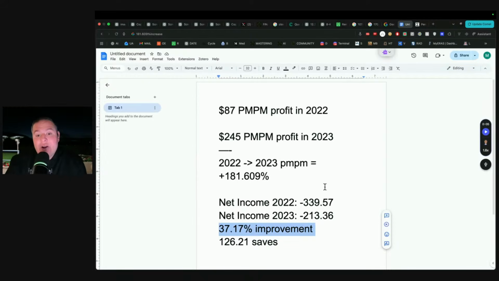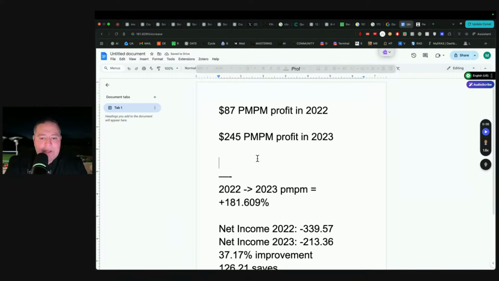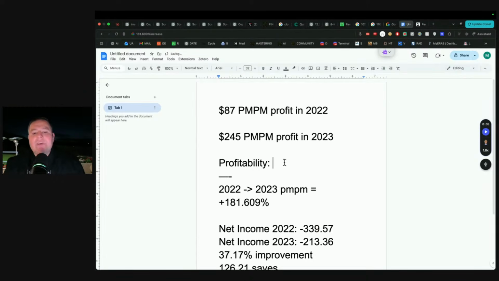So in 1 year, if they can improve, let's be specific here. How much have they added to their profitability? That's really what it comes down to: how much do they add to their profitability in 1 year? So 245 subtracted from 87, that is about $158 that they added per member per month.